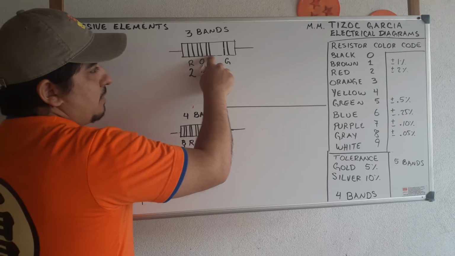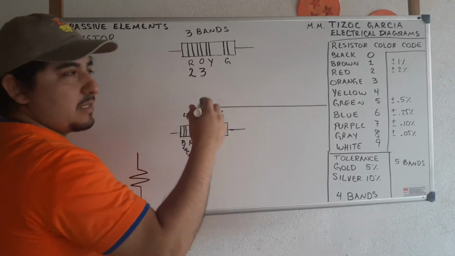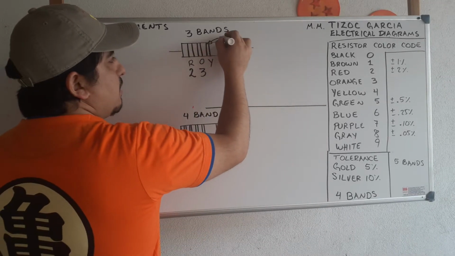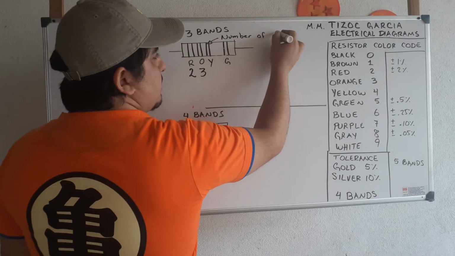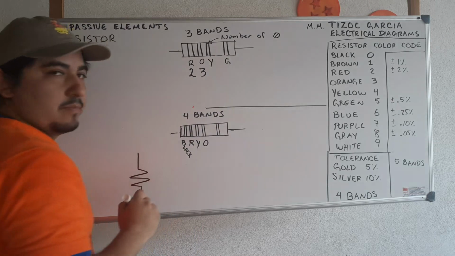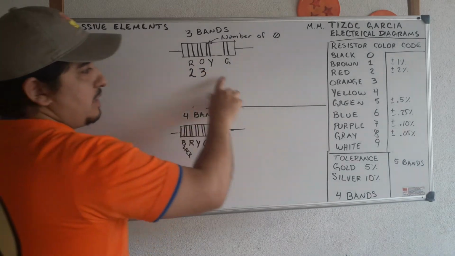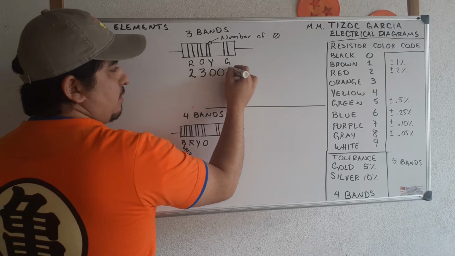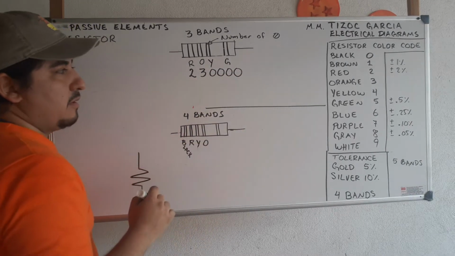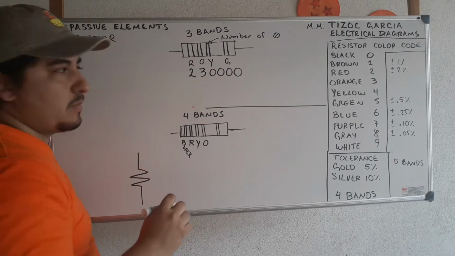And the third band, in this case, is the number of zeros. In this case, yellow is 4. It means that we are going to add 4 zeros.